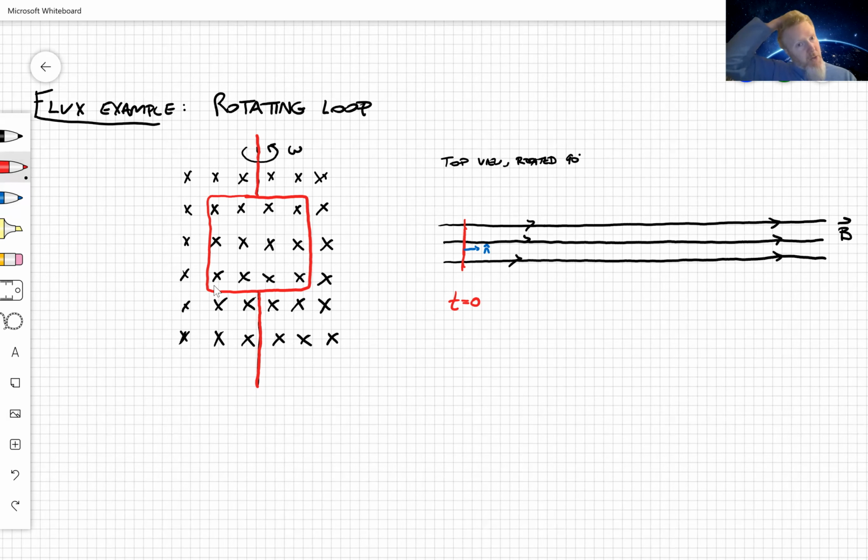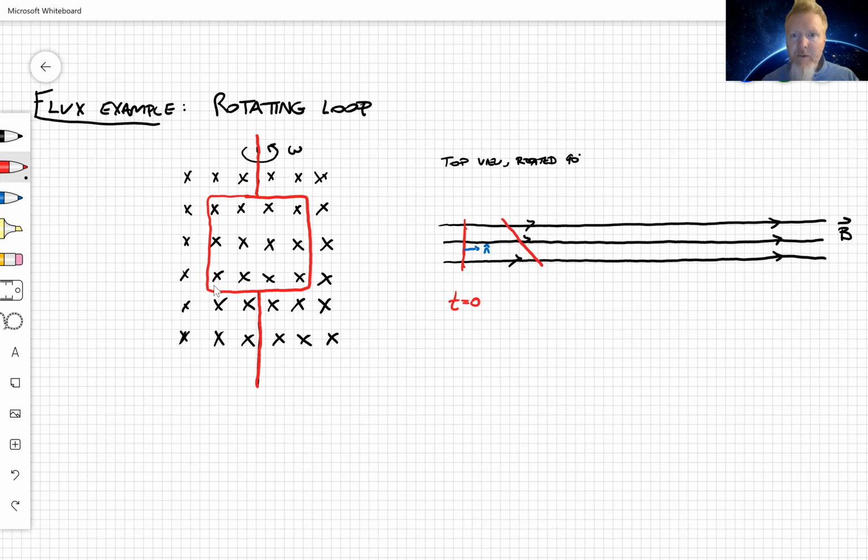So then what's going to happen if I'm looking down like that? The next thing it's going to do is rotate. If I'm looking down on it this way, and the B field is that way, and I'm rotating it counterclockwise, the next thing I'm going to see is something like this.